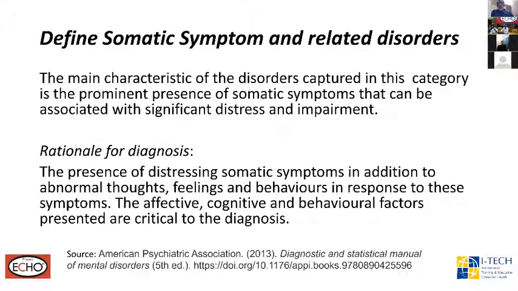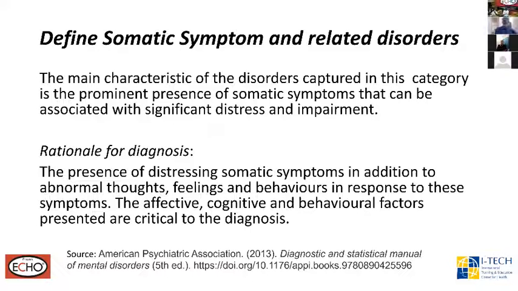So, according to the Diagnostic and Statistical Manual, the main characteristic of the disorders captured in this category is the prominent presence of a somatic symptom that can be associated with significant distress and impairment. Now, this significant distress and impairment is evidenced in an individual's daily life, and each domain of their life may be compromised due to the presence of this somatic symptom and the distress that it may cause.